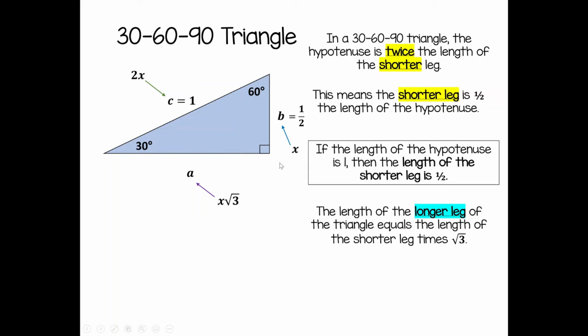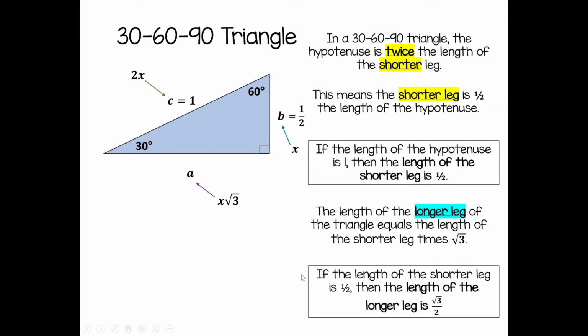You'll see x, 2x, x square root of 3. Which means if I want to find the length of A, I'm going to take the length of this leg and multiply it by the square root of 3. 1/2 times the square root of 3 is just the square root of 3 over 2, which means the length of this leg is the square root of 3 over 2.